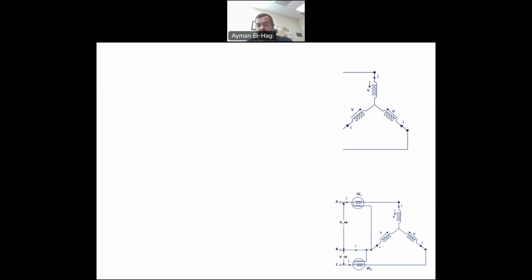So W1 basically measures the voltage between line A and line B. Wattmeter 2 measures the voltage between line C and line B. So I measure VCB, and I measure the current in phase A and the current in phase C. I will prove to you now that W1 plus W2 is equal to P equal to root 3 V line I line cosine theta.